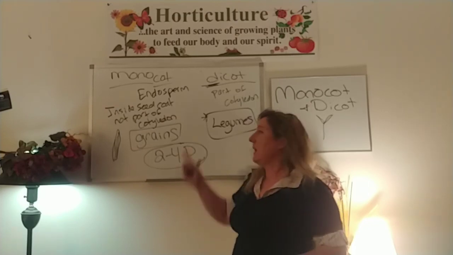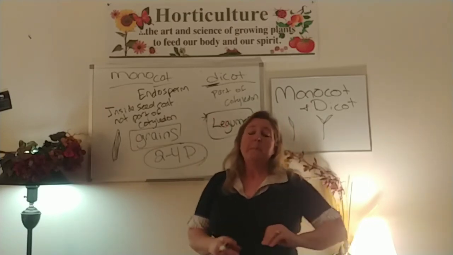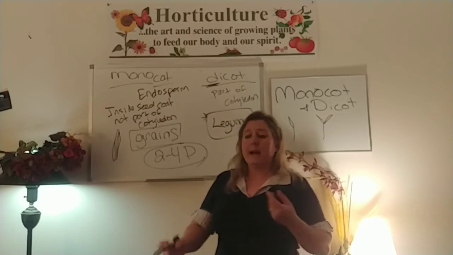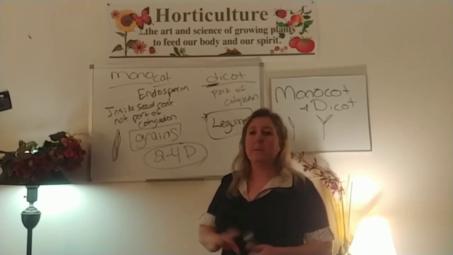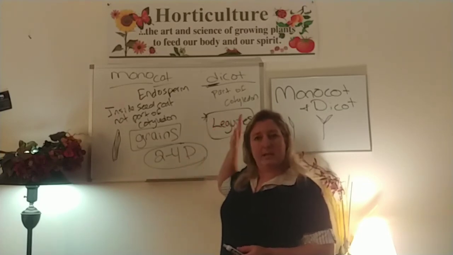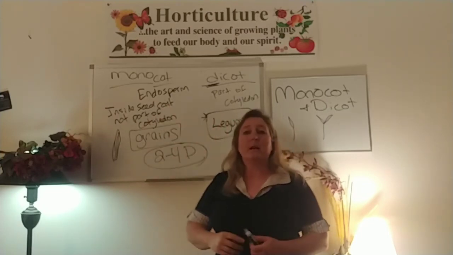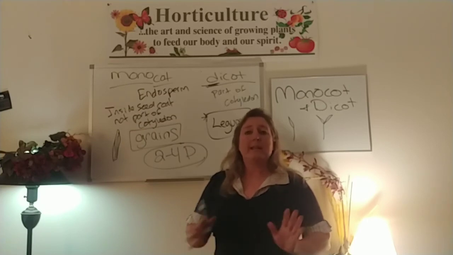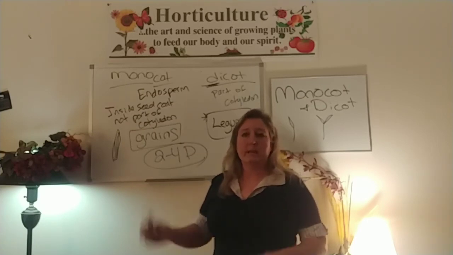Not every single dicot is a legume. This is just an example, but it'll attack your little tiny trees that are wanting to come up, anything like that. So 2,4-D is actually used against dicots, and it's going to leave your monocots alone. That's just one example why it's important to understand the difference.